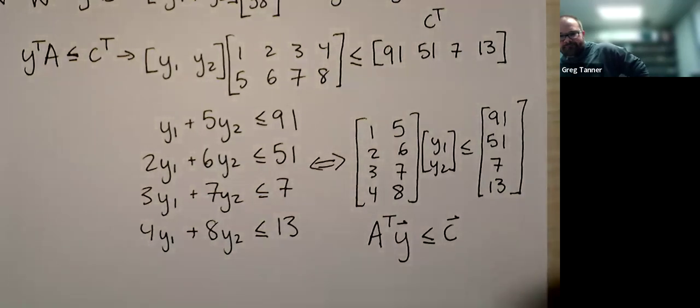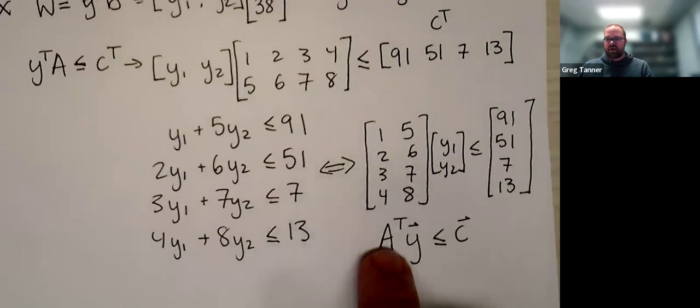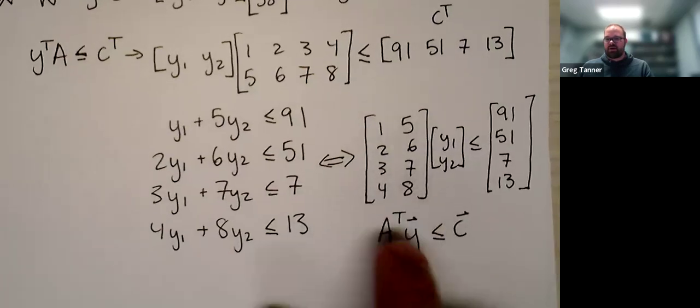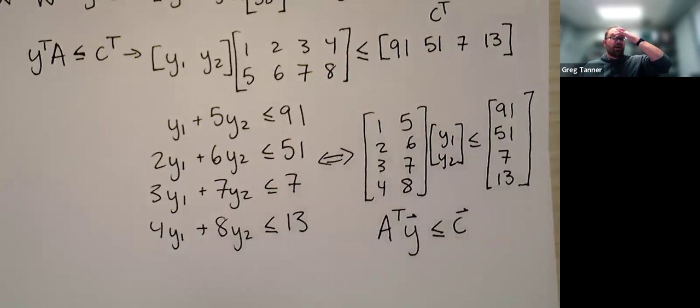And so your constraints in the dual problem essentially have the transposed A matrix going with what was the previous objective vector. Okay, and so that's how we form a dual problem from a primal problem.